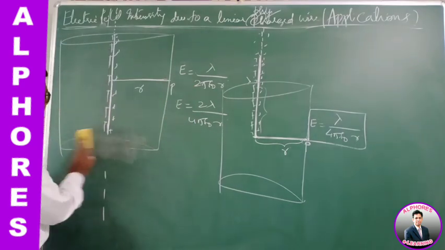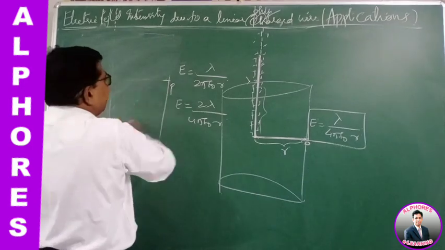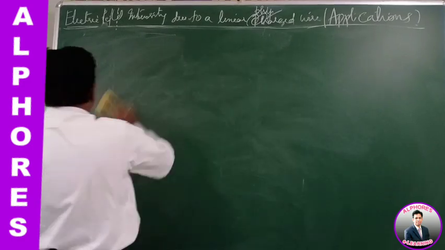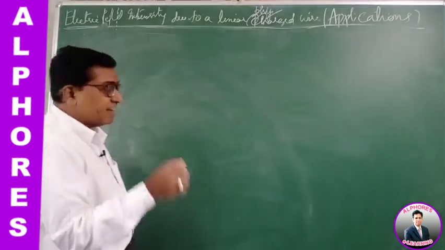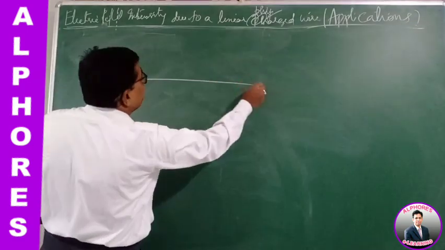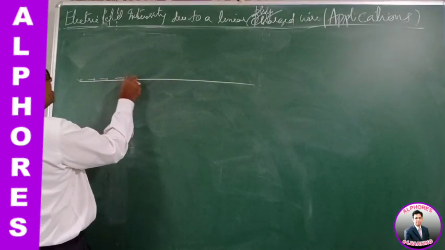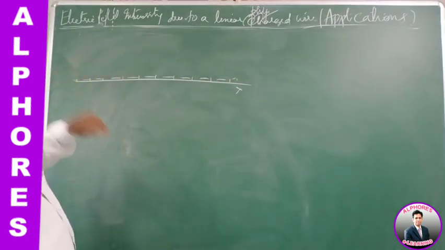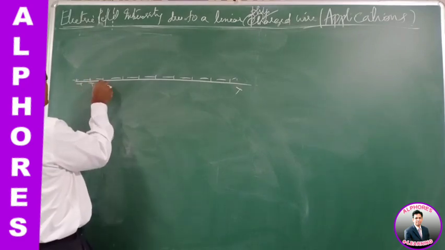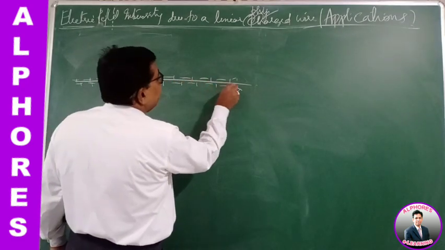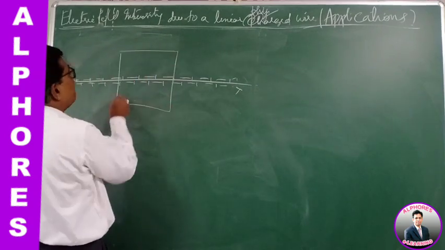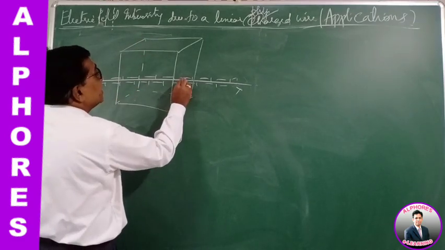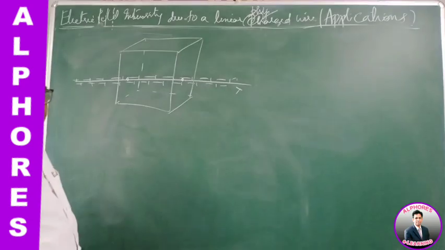Okay, next, suppose I take the applications of this linear charged conductor with respect to Gauss law. For example, there is a linear charged conductor, uniformly charged with linear charge density lambda, and around this uniformly charged conductor we are imagining a cube of side A, passing through the midpoints of opposite sides.